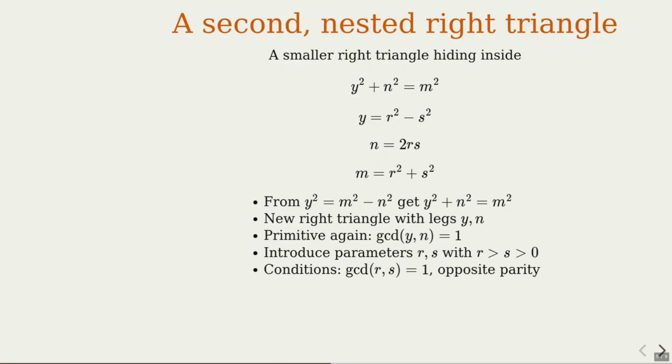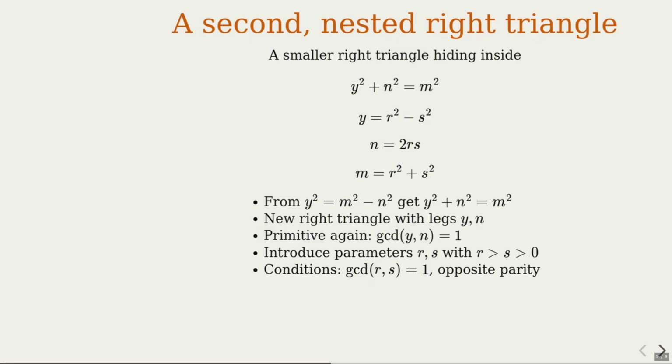Next, look at the expression for y squared. It is m squared minus n squared. Rearranging, we get y squared plus n squared equals m squared. So y, n, and m themselves form the sides of another right triangle, this time with y as an odd leg, n as an even leg, and m as the hypotenuse.